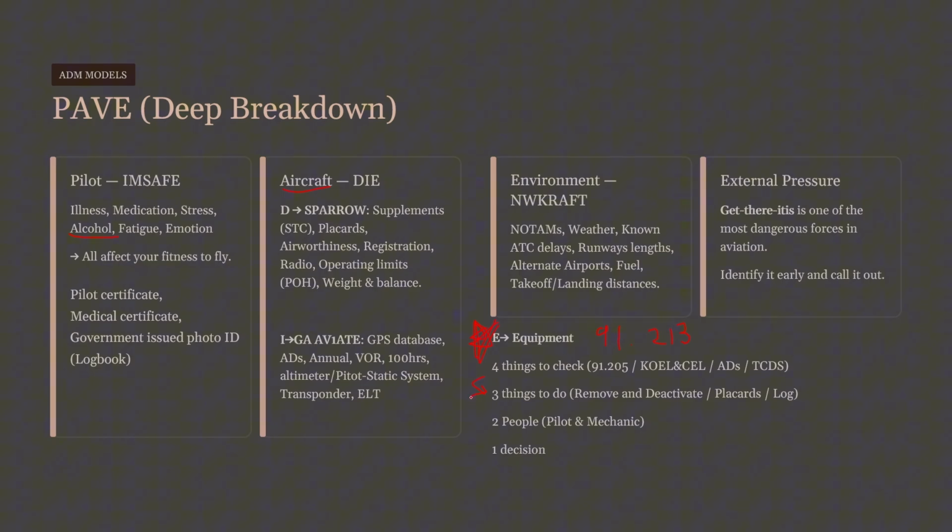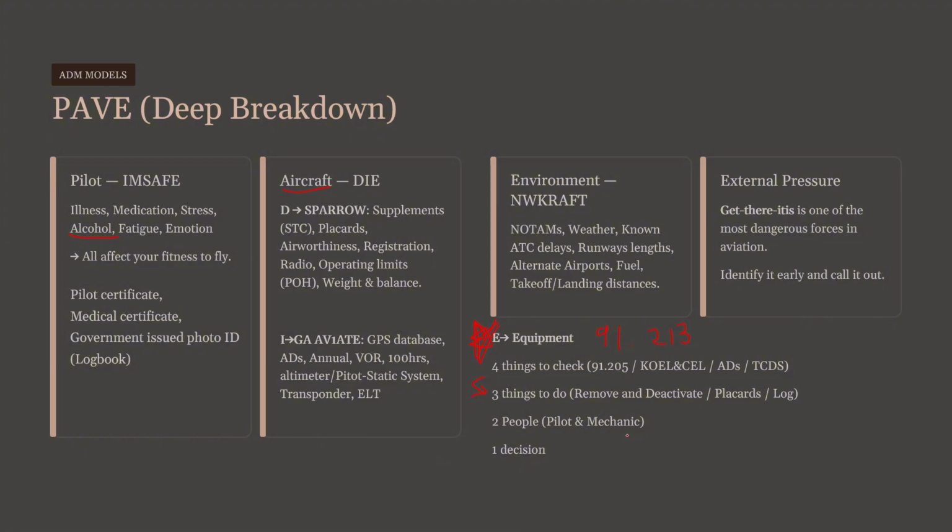So I would deactivate or remove the inoperative equipment and placard it as inoperative. And make a proper logbook entry if required. And depending on the situation, this may involve both pilot and certified mechanic.